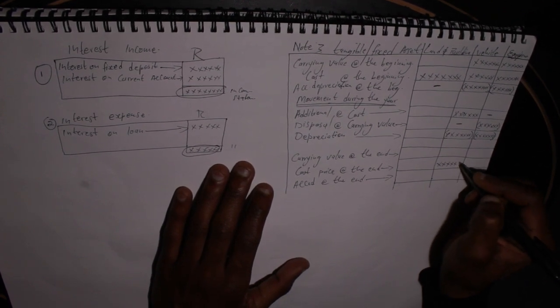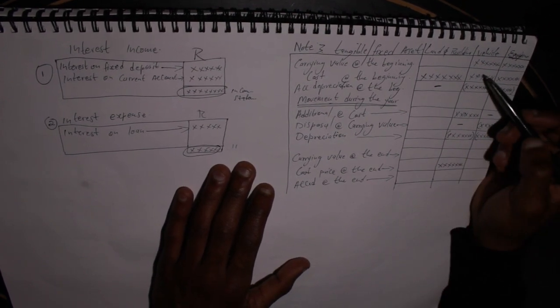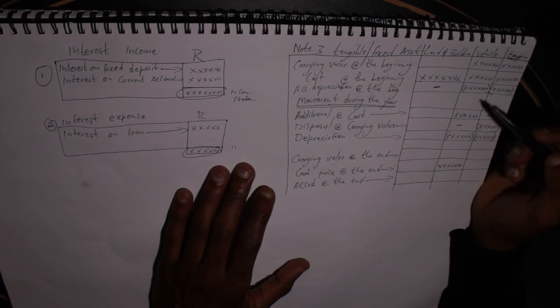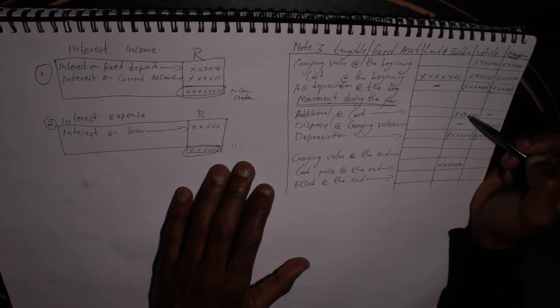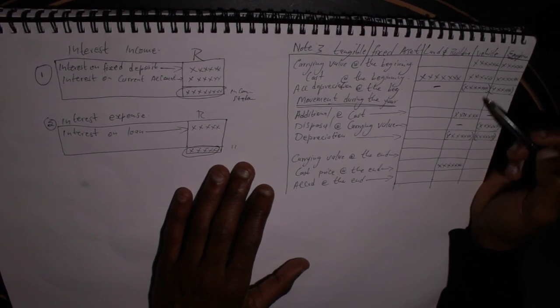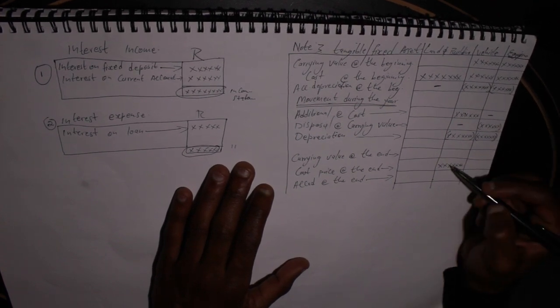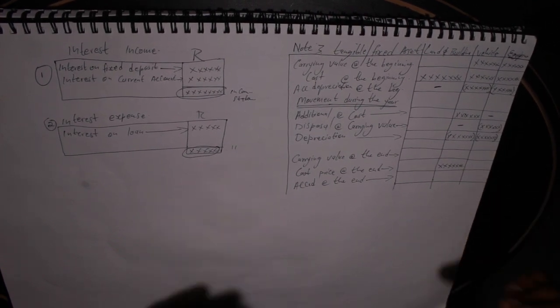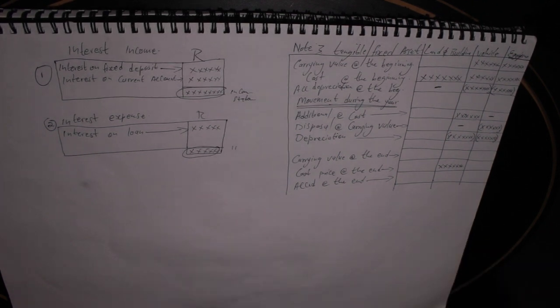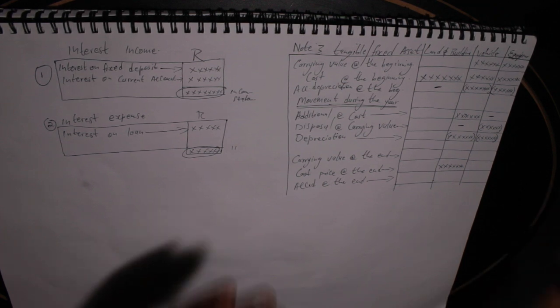Going back to our example, let's say our cost price at the beginning was 100,000, and we bought an additional vehicle at 50,000. So it's 100,000 plus 50,000, which will give us 150,000 at the end of the financial year when we are closing, right? So that is how much we have spent on vehicles in total to date.